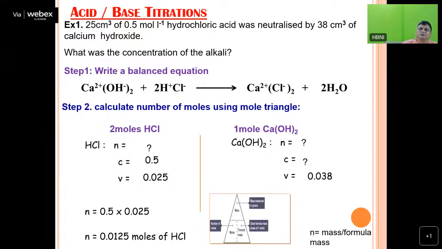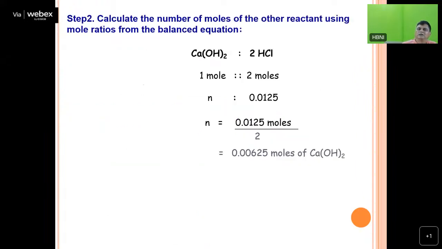Just use this mole triangle. From this reaction equation we can see that 1 mole of calcium hydroxide uses 2 moles of HCl. So we use the stoichiometry of the reaction and calculate the number of moles of calcium hydroxide, and this is how we calculate that 0.0625 moles of calcium hydroxide will be utilized in utilizing the 2 moles of hydrochloric acid, having that concentration 0.025 ml.